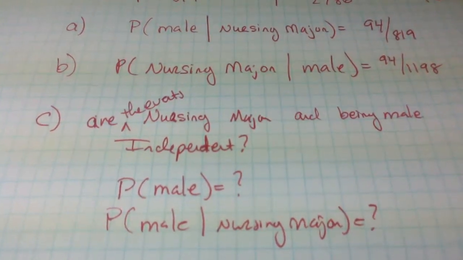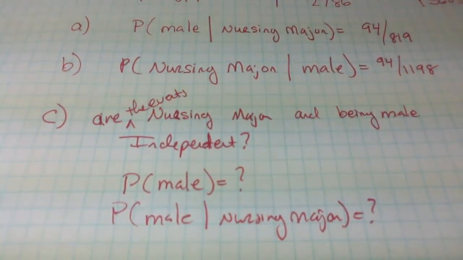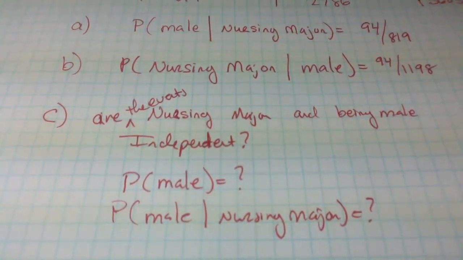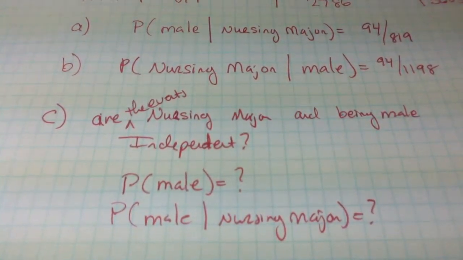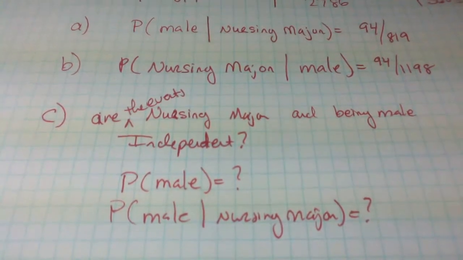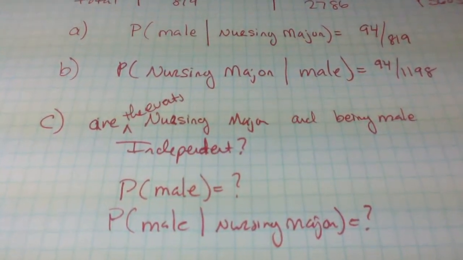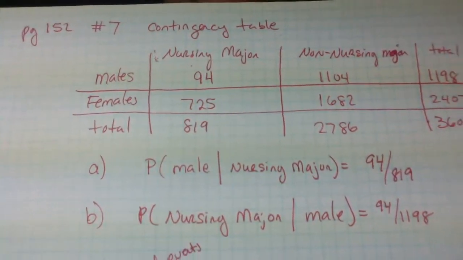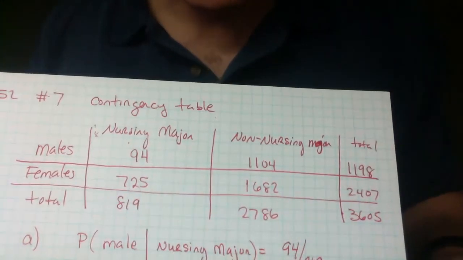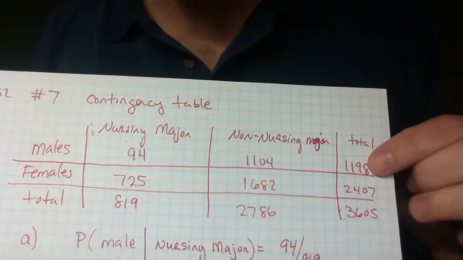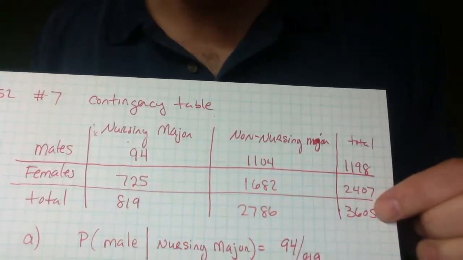And then you see, is that equal to the probability of being a male given you are a nursing major? Well, if they match, they're independent. If they don't match, we say they are dependent. Well, the probability of being a male, when you go over to the totals column, is 1,198 divided by 3,605. Let me write that down.